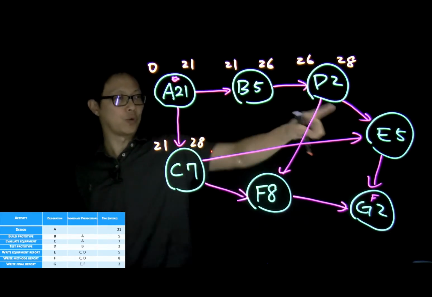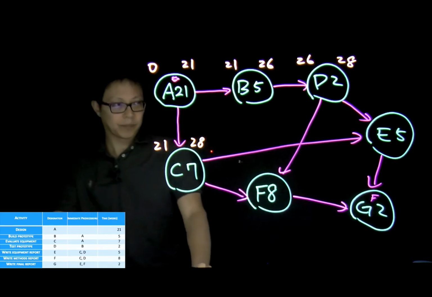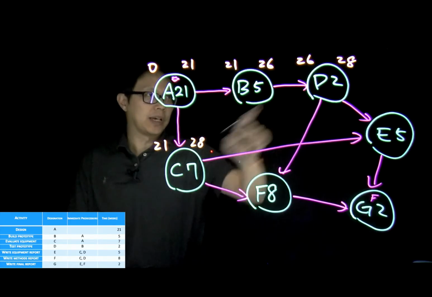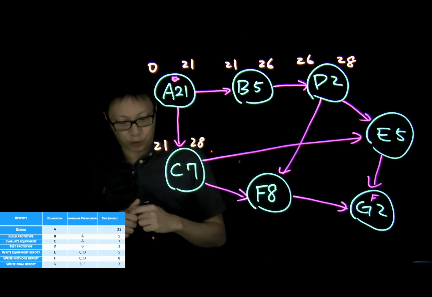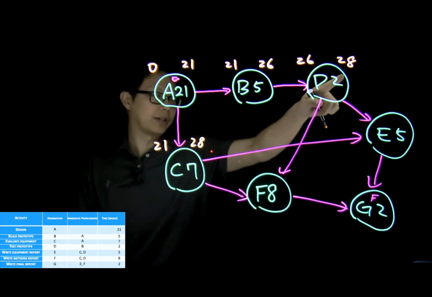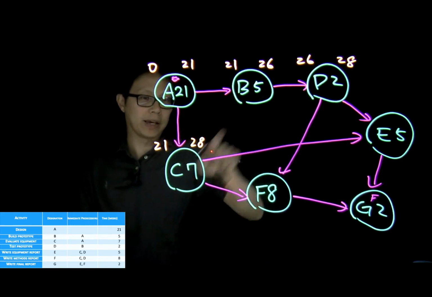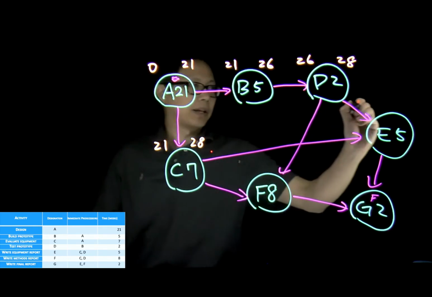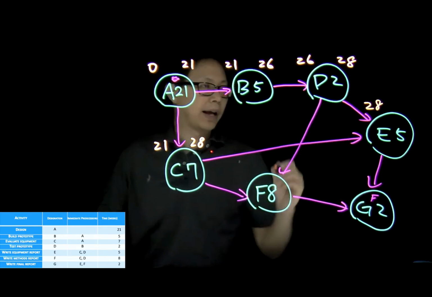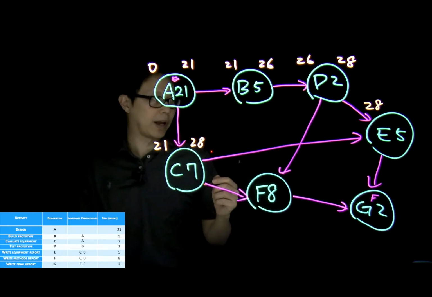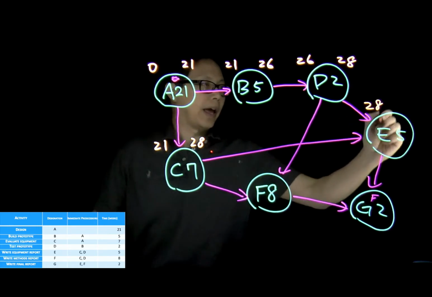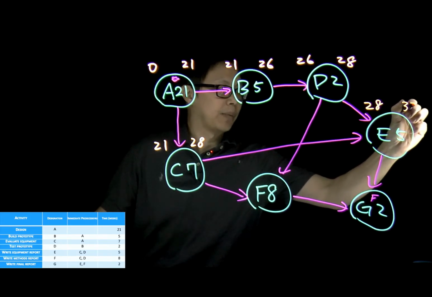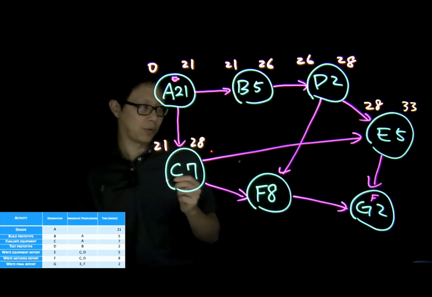Then we need to work on node E. As you probably noticed, we need to finish C and D first before we can work on E. The earliest time we can finish D will be 28. The earliest time we can finish C will be 28. Since they are identical, we know we can start to work on E at time 28. Duration will be 5, which means we will be able to finish at time 33.